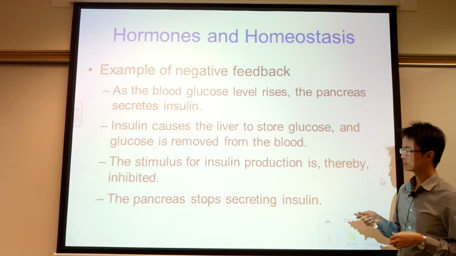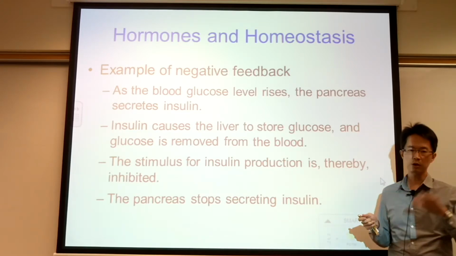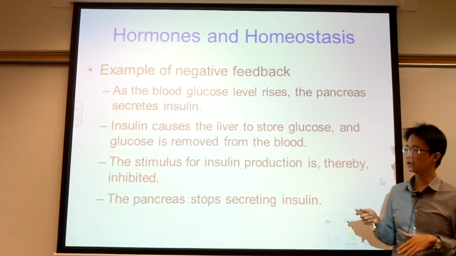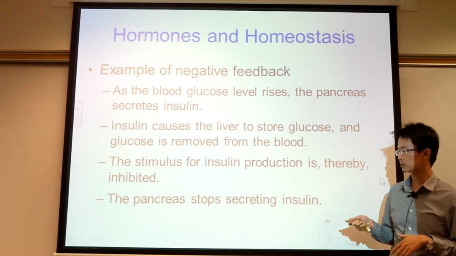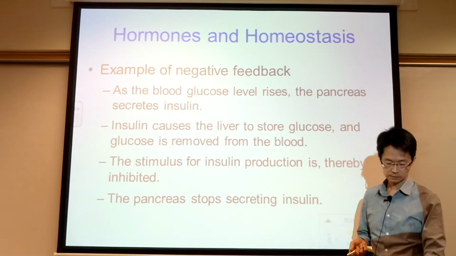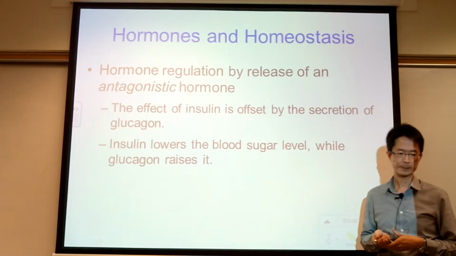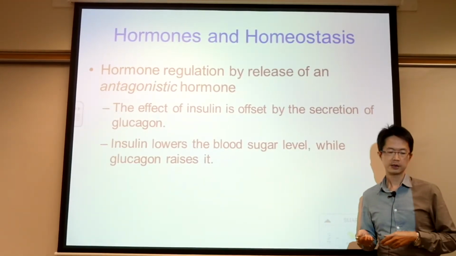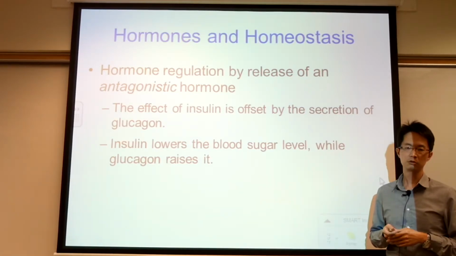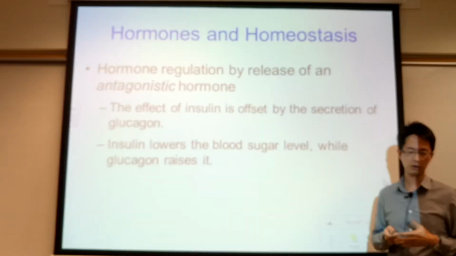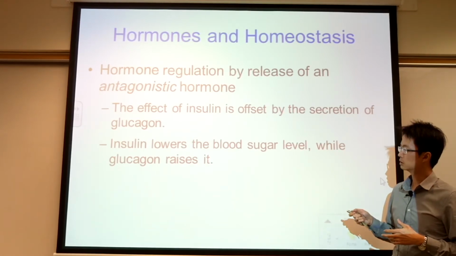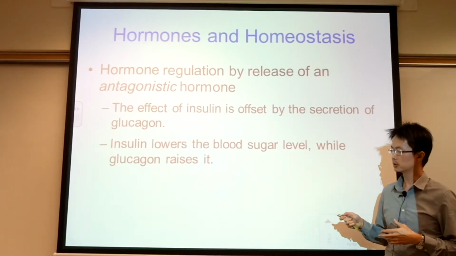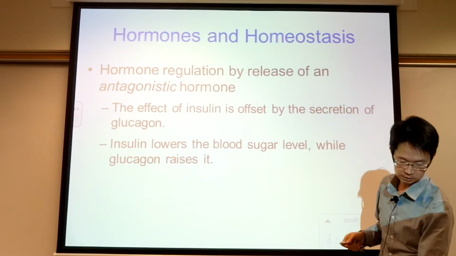And when we have a lowered blood glucose level, then insulin will not be secreted by the pancreas. And as I said, insulin and glucagon are antagonistic hormones. So insulin is offset by glucagon, while glucagon raises the blood sugar level.